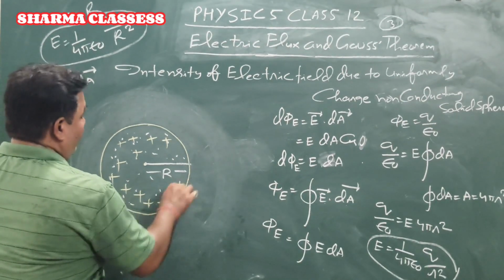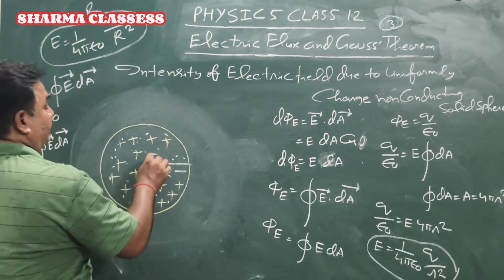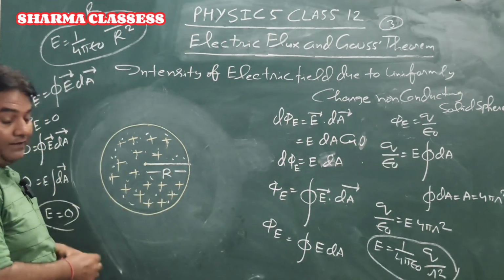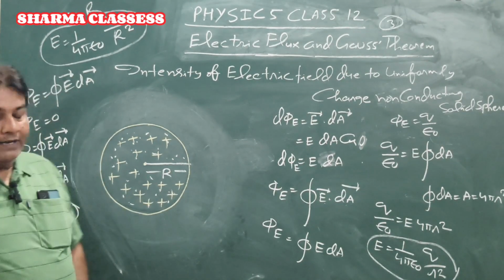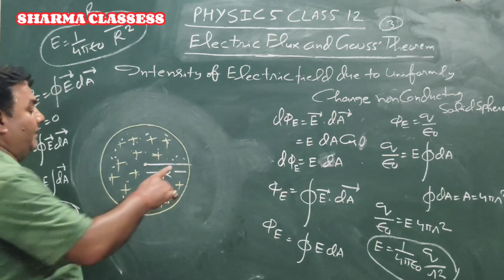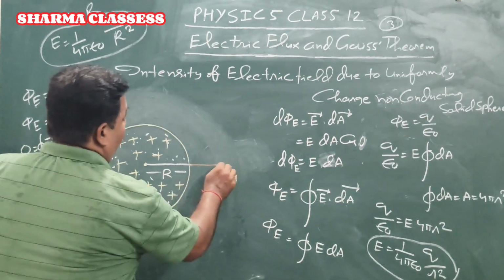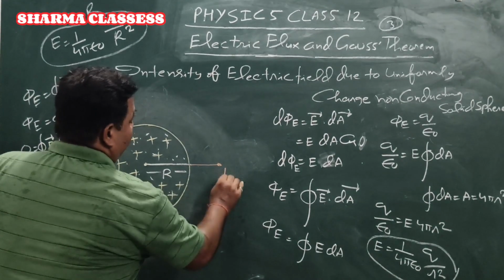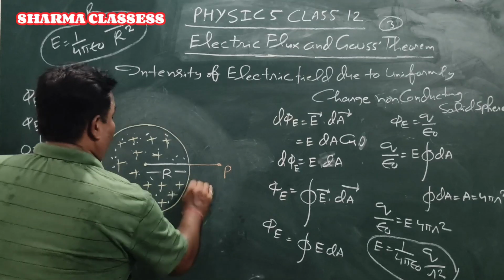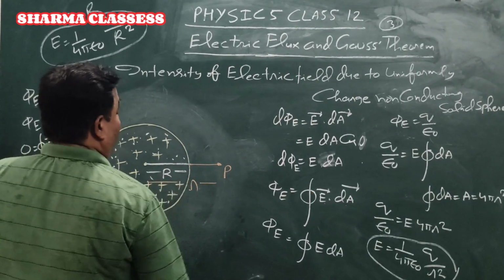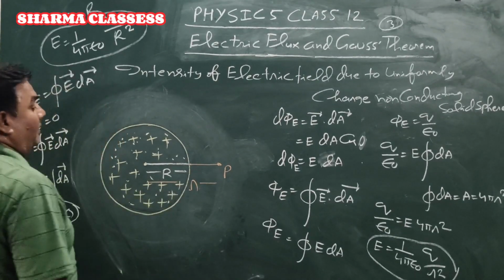Now we have to find the intensity of electric field outside the sphere, on the sphere, and inside. Suppose P is any point at a distance r from the center, outside the sphere, at which we have to find the intensity of electric field.